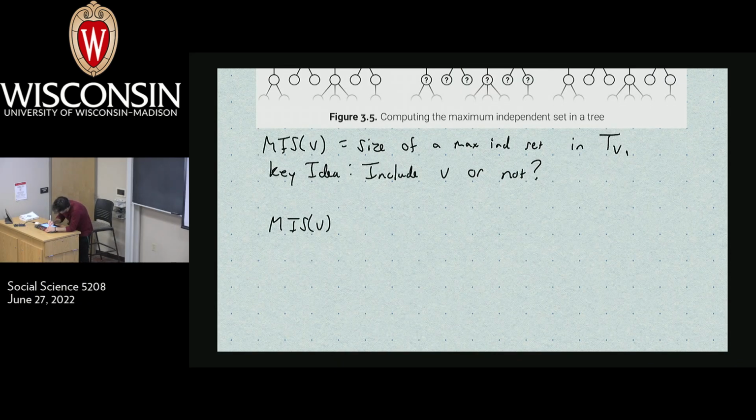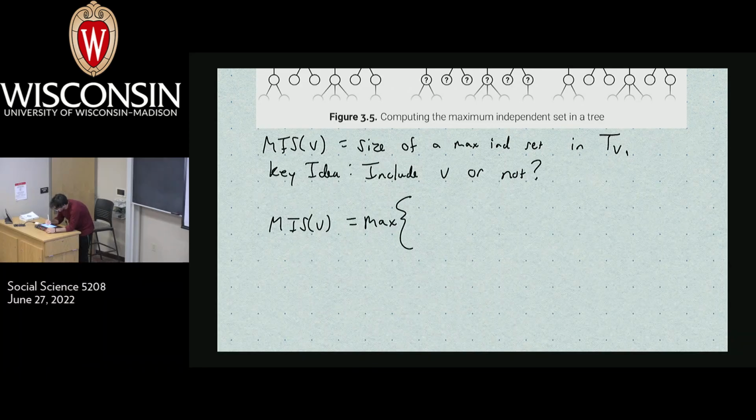So let's actually solve the problem. We have two options. We can skip V or include it. So let's take a max.